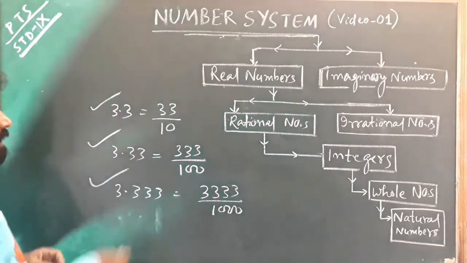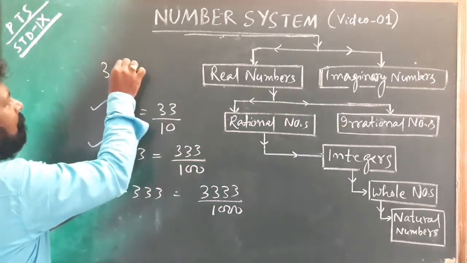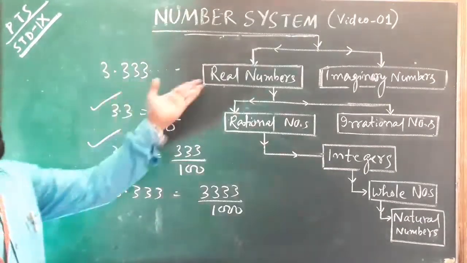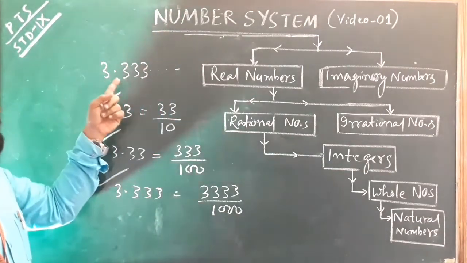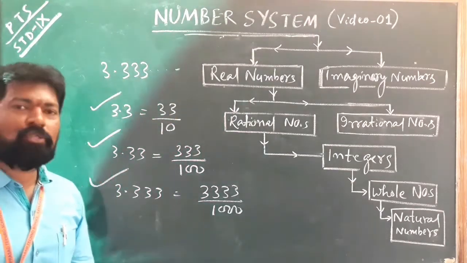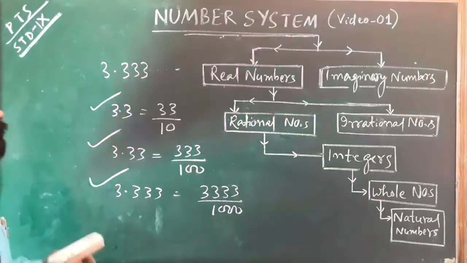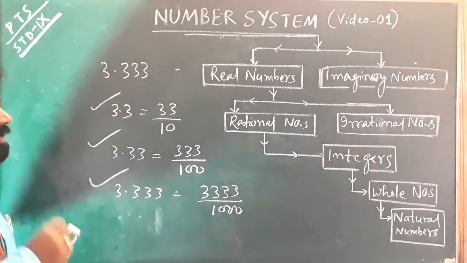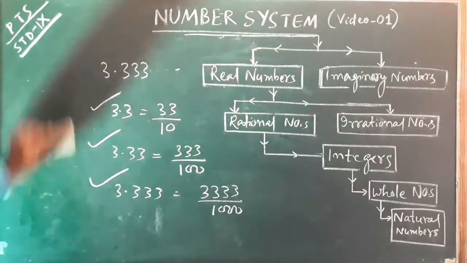But take the case 3.3333 and it continues. It continues for infinity. If the number is 3.33333 like this, whether it is rational or irrational, sometimes you will be confused. And to say accurately, before you judge whether it is rational or irrational, let's have a small example.